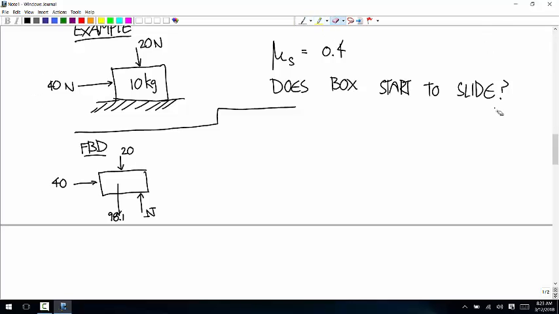We can see the only other horizontal force is to the right, so this friction force has to be to the left. We'll just call this FF. And now we're asking, what's the FF for the acceleration to be equal to 0?